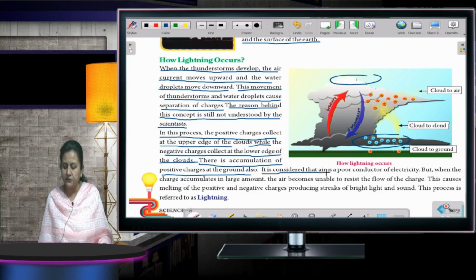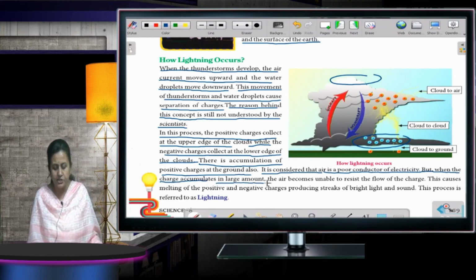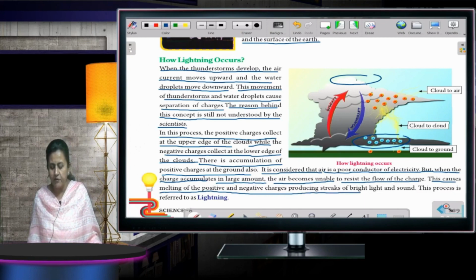Air is a poor conductor of electricity, but when the charge accumulates in large amounts, the air becomes unable to resist the flow of the charge. This causes meeting of positive and negative charges, producing streaks of bright light and sound. This process is known as lightning.